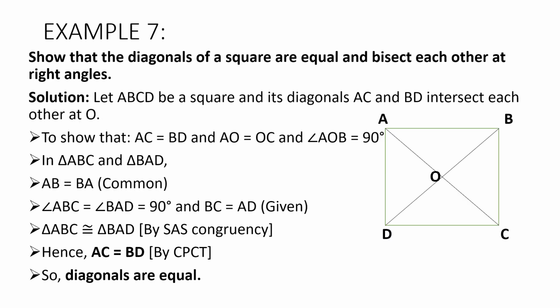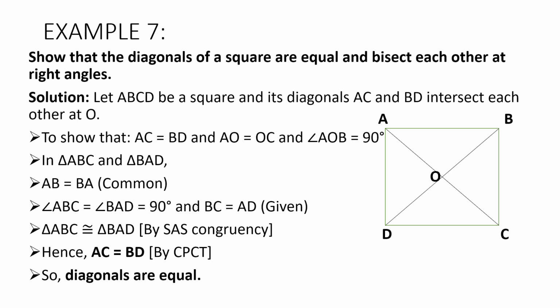Example 7. Show that the diagonals of a square are equal and bisect each other at right angles. We are given that ABCD is a square, AC and BD are its diagonals and they are intersecting at O. We have to show that the diagonals are equal and they bisect each other, that means AO equals OC, and also they bisect at right angles, meaning angle AOB is 90 degrees.